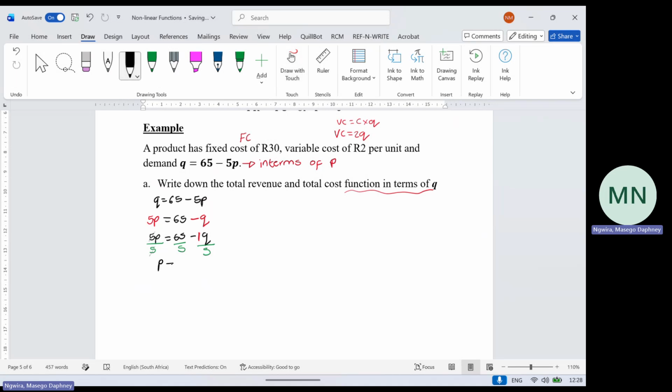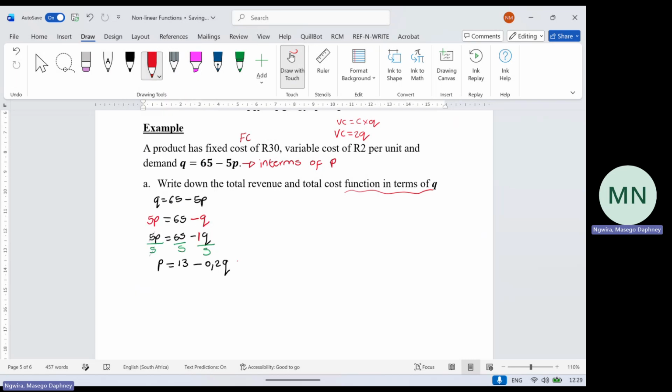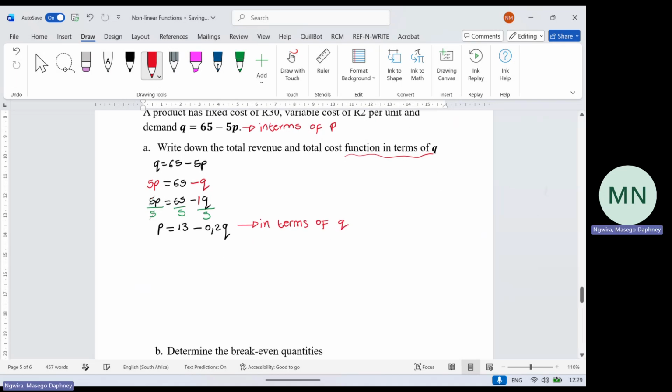So P is equal to, we divide 65 by 5 and get 13, then minus 1 over 5 is 0.2, times Q. This answer is in terms of Q. When we say answer in terms of Q, this is what we mean. I hope this makes sense.